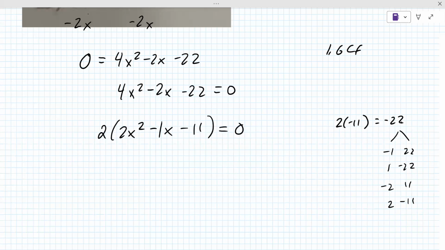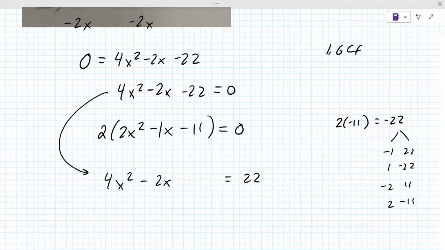Okay, we've got to go back to this line to complete the square. So you get 4x squared minus 2x equals 22. Divide by 4, so you get x squared minus 1/2 x. Now you've got to be careful here.